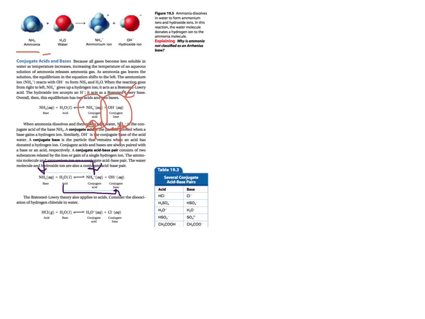So that's how you're going to answer question number 49. Don't make those difficult. Look to see which one is the acid and which one is the base on the left-hand side, and understand that the base is going to become the conjugate acid on the right side, and the acid will become the conjugate base on the right side, and they'll be paired like this. Extremely, extremely simple.